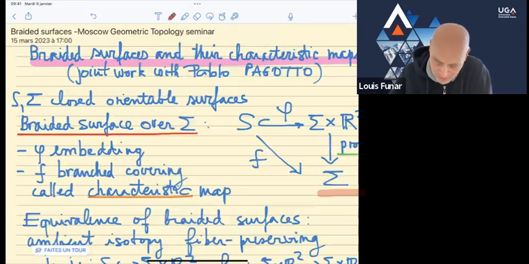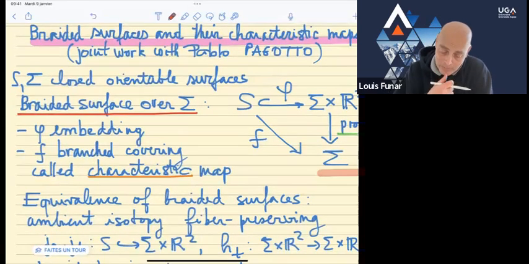So to get started, I'm considering two closed orientable surfaces, S and sigma.